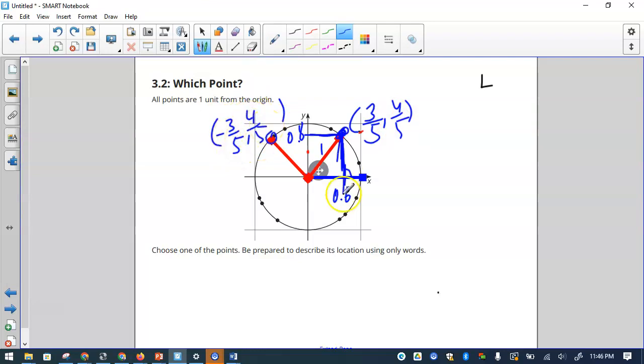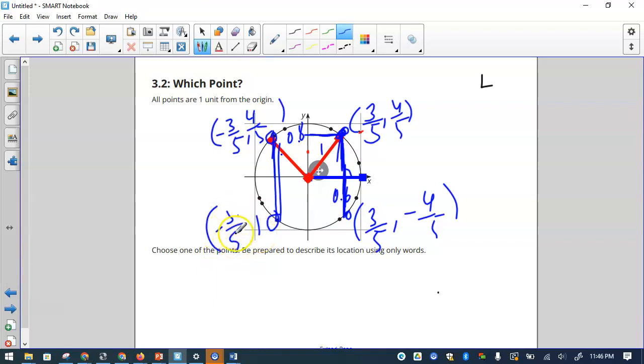But if I take on the other side here down, this will be 3/5 but minus 4/5 because it's in the fourth quadrant. And this side, if I go here, this will be minus 3/5 and minus 4/5. So I hope that makes sense. Now let's go to the next.